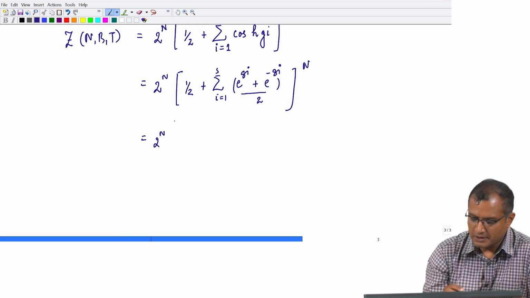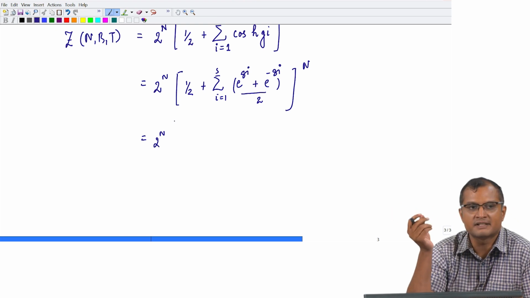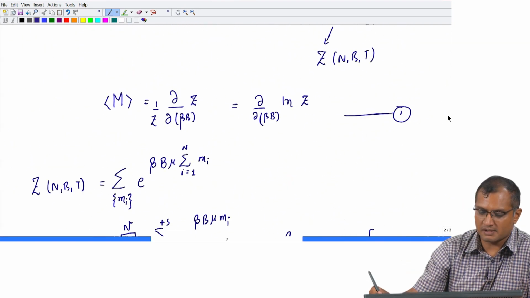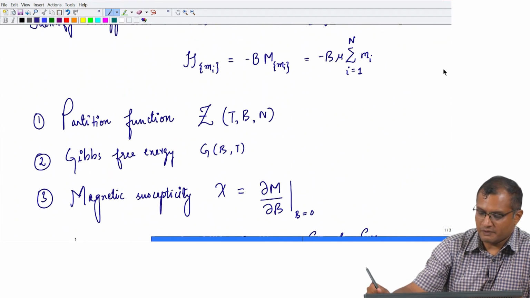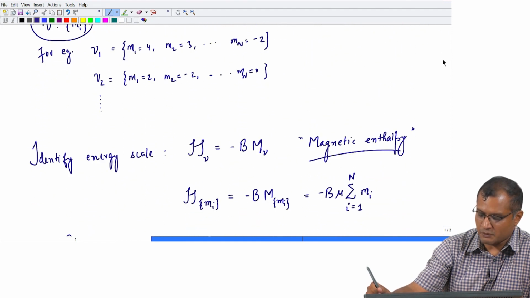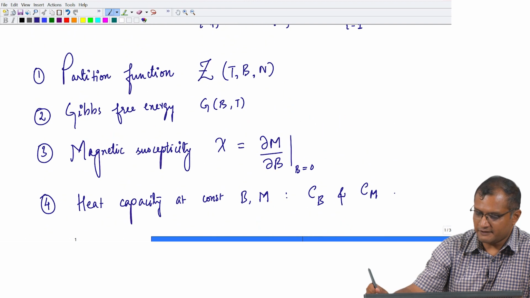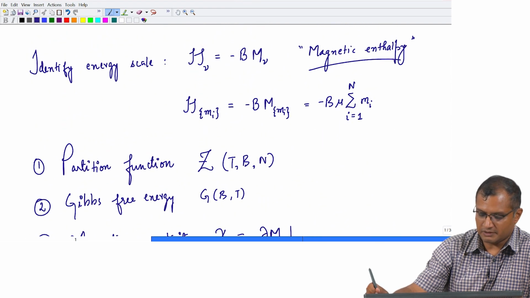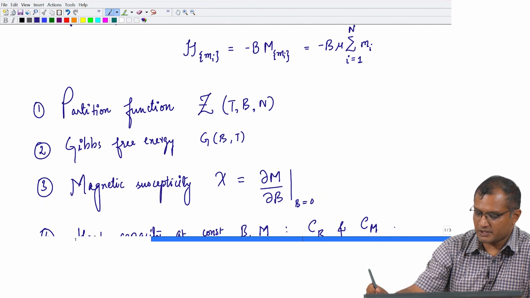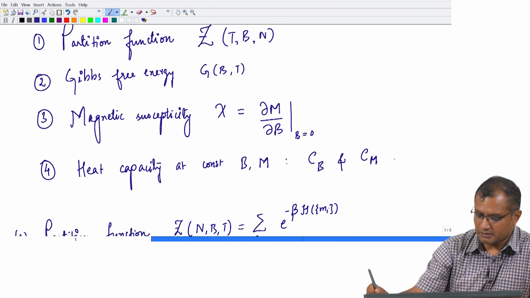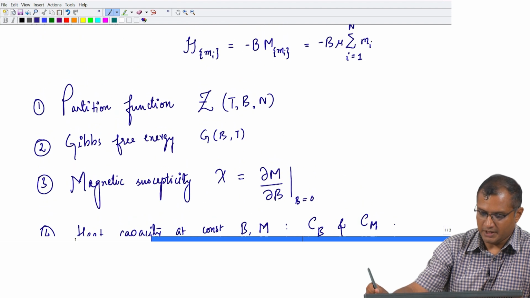So, certainly I can do this approximation in the limit of small fields, which is what is required, right, which is what is mentioned. So, we are taking a field which is small enough, okay, and for small enough fields I want all these quantities to be computed: partition function, G, susceptibility, and heat capacity. Okay.